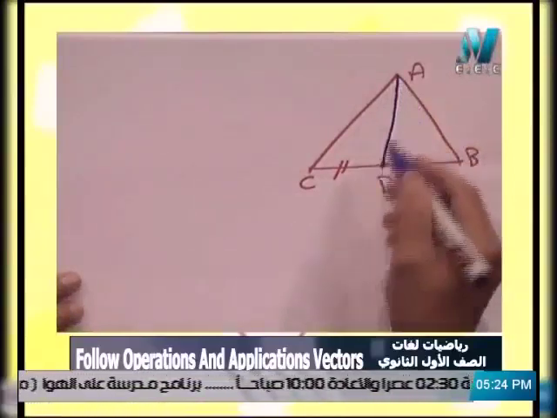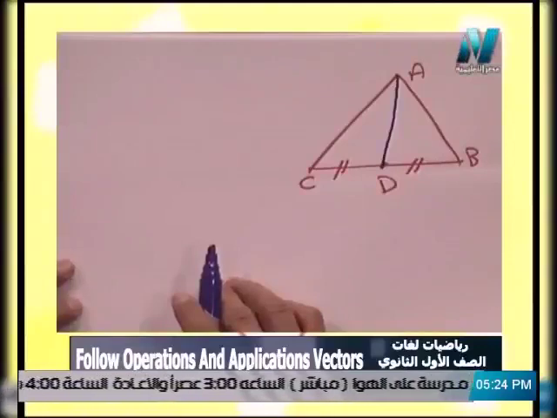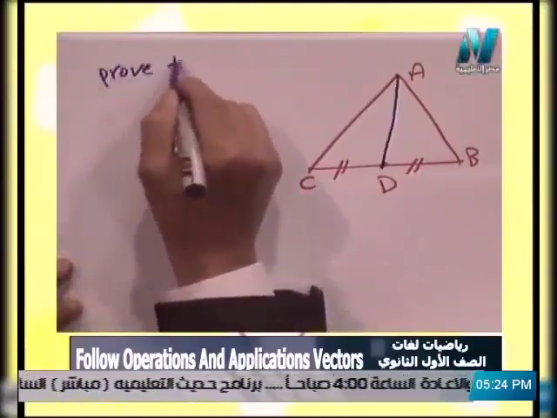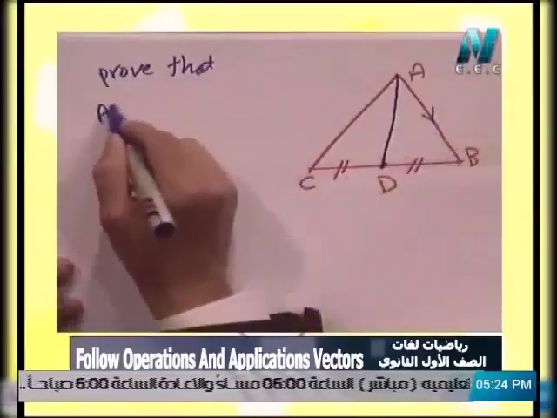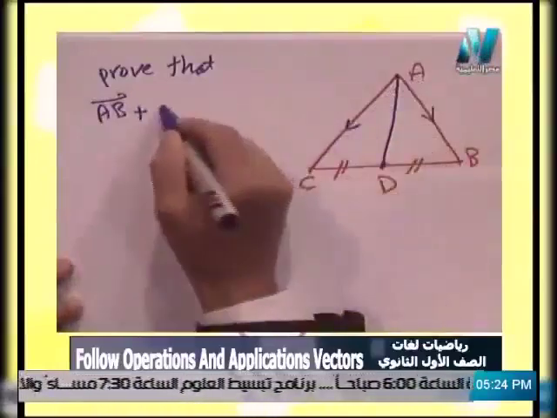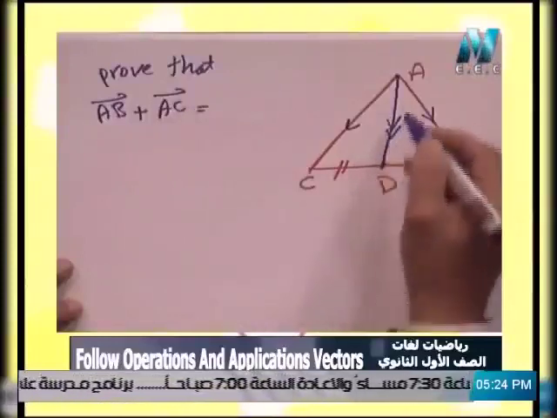D is a midpoint, so AD is a median from the previous studying. And the request is to prove that the vector AB plus the vector AC equals double the vector AD.